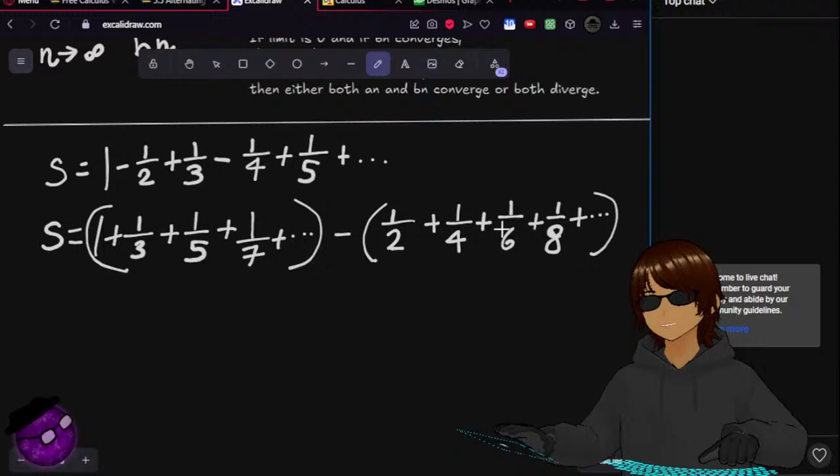This is a geometric series where r is just half. No, this is not a geometric series.